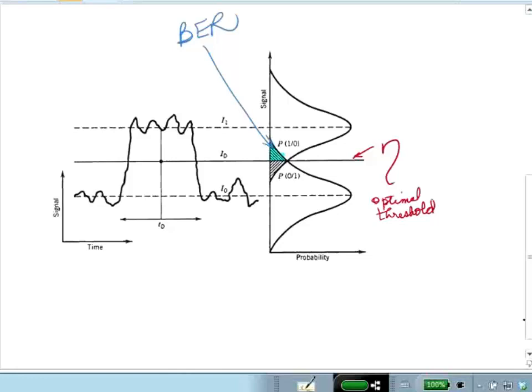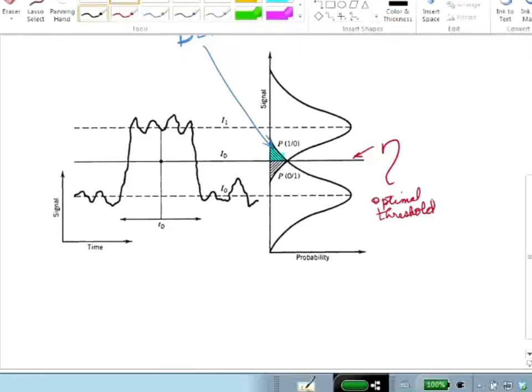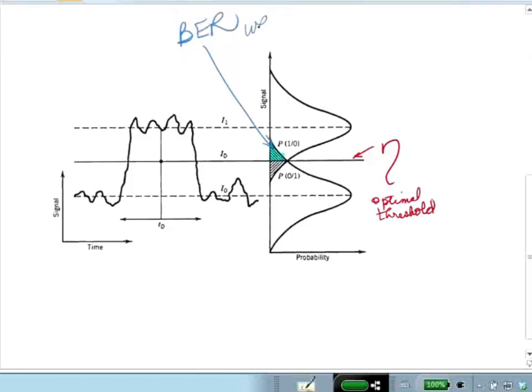So if you look at what's shaded in blue there, it's the errors, I say BER, I guess I should say it's the errors when the 0 is sent. So it's really the conditional BER. And if I looked at this side, it would be when 1 is sent. And the sum of 1/2 of one plus 1/2 of the other gives a total bit error rate. And if I want to make that bit error rate as small as possible, what I want to do is to get these two regions to have the same area.